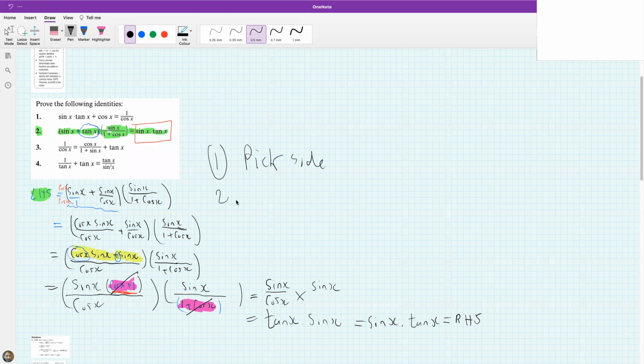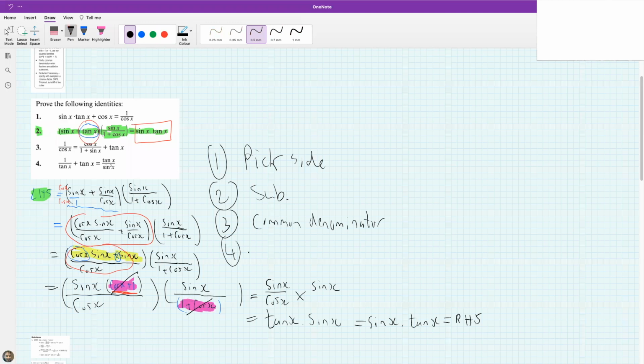The second step that I did was I substituted. So I changed the tan x into sine x over cos x. The third step was a common denominator. And that was when I tried to knit these two things together.